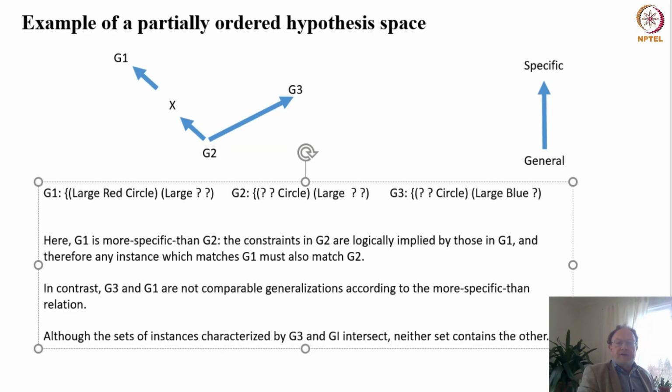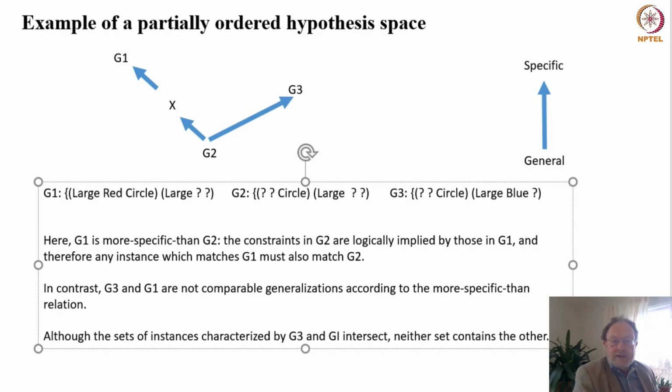Let's now look at an example, a small example with just 4 hypotheses structured in a small network. So we have G1, G2, G3, with G2 more general than the others.